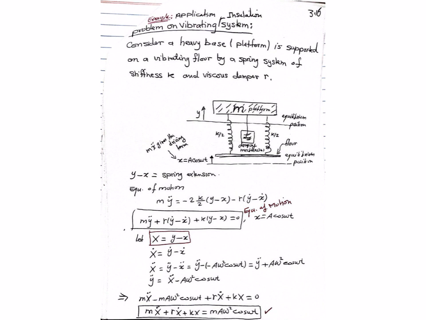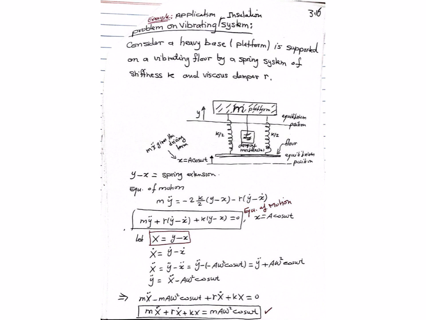The effective displacement of the spring is y minus x. Now the equation of motion is given by m y double dot equals minus 2 times k over 2 times (y minus x).